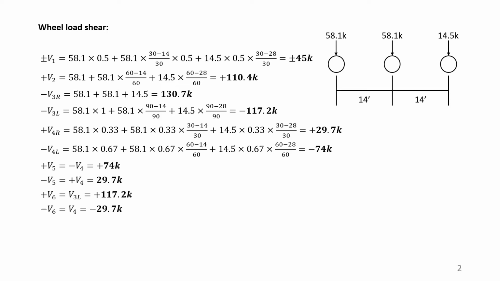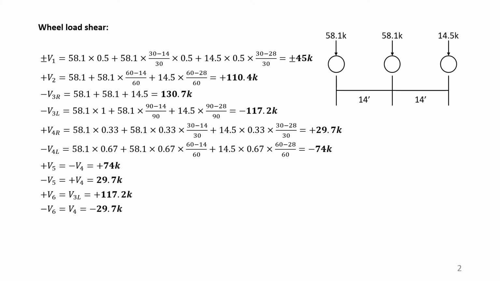After 14 feet another wheel will come, and the third wheel will come at 28 feet from the central wheel. For the next wheel, the wheel load is 58.1 and the distance from the center to the position of that wheel load gives the ratio of 30 minus 14 divided by 30, times the ordinate at the center, 0.5.